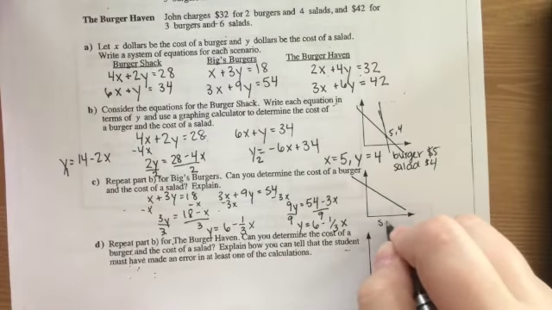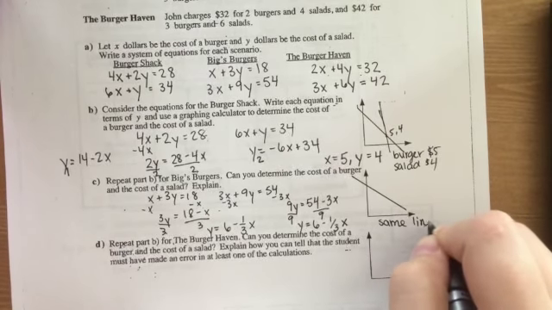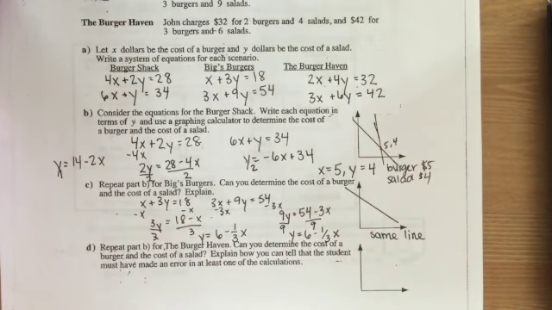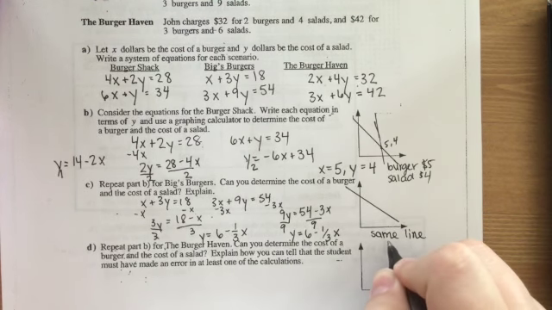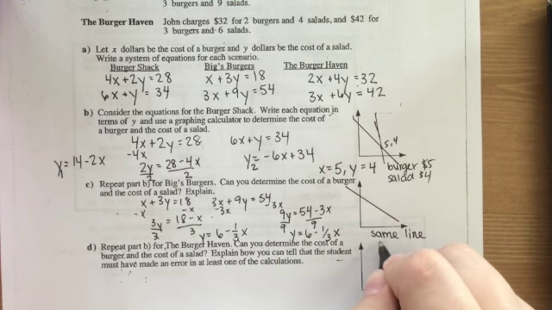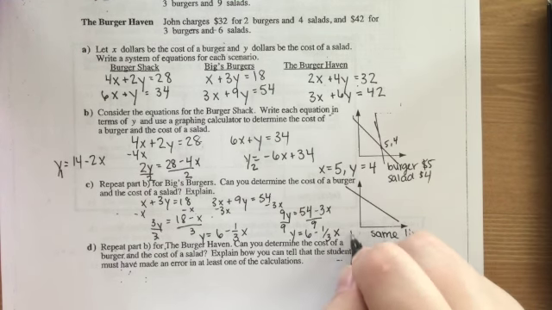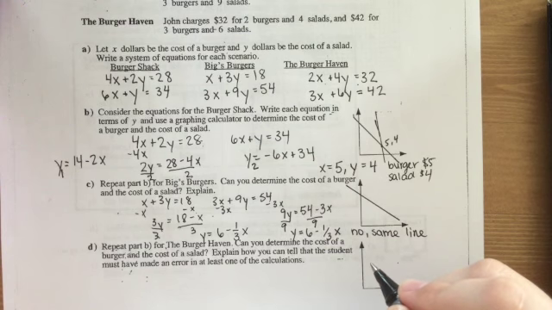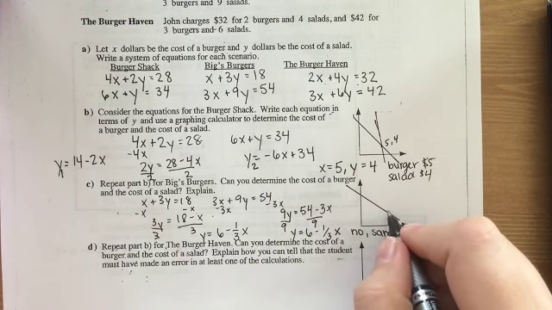No, that's the same line. I can't find out where the cost of the two orders would meet and be able to find what the burger and the salad cost. So the same line, I'm going to say no. Okay, so that system's not quite useful to me.